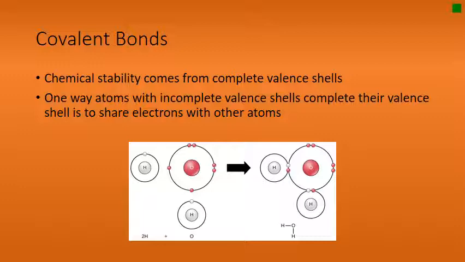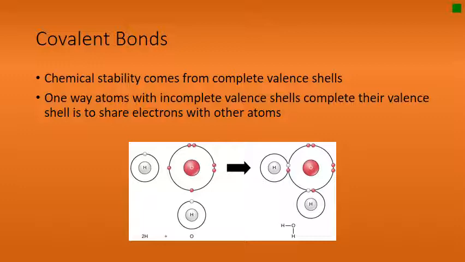When this happens, an attractive force exists between the two atoms that are sharing the electrons, and that strong attractive force is called a covalent bond. The example given on this slide is two atoms of hydrogen, each with one valence electron, combining with one atom of oxygen who has 6 valence electrons.